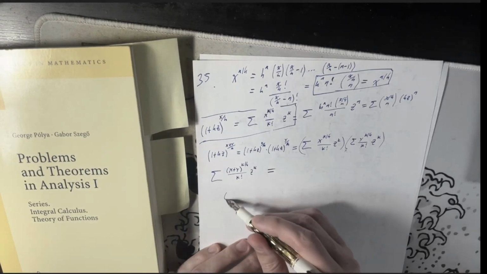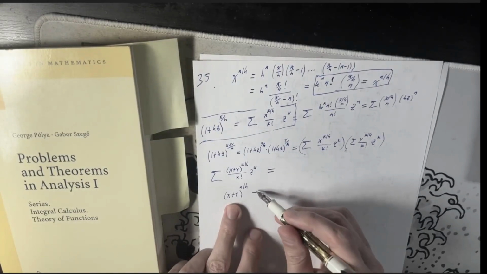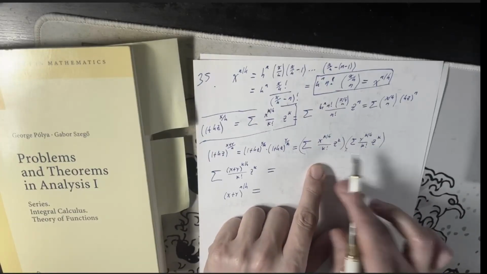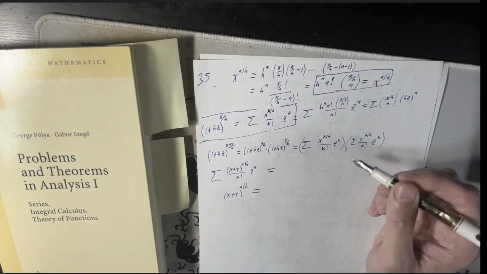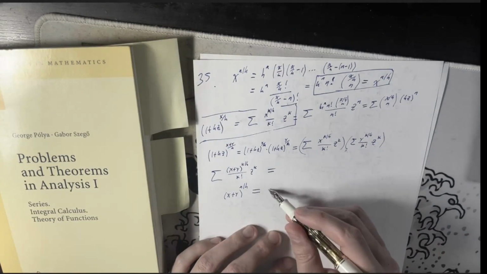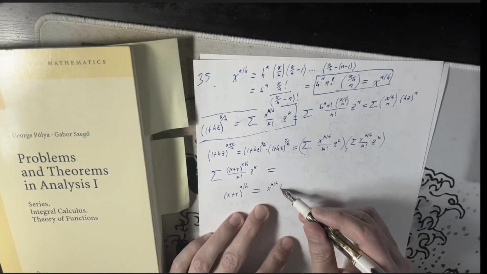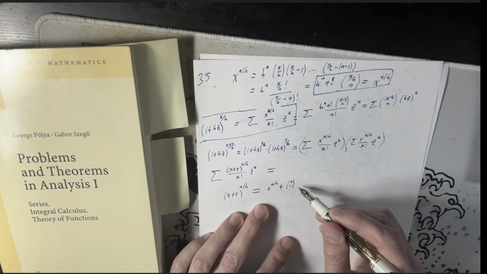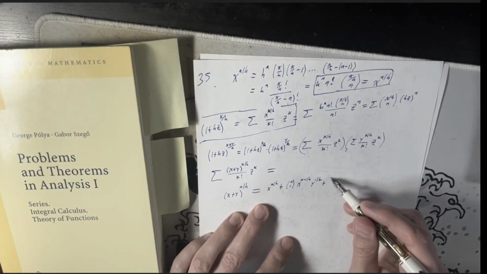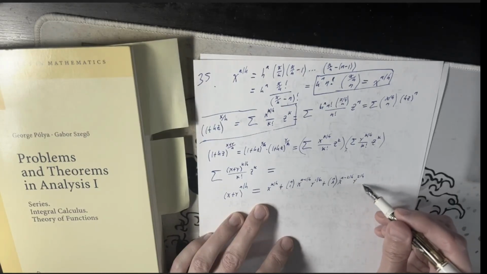So a formula for, say, the nth coefficient of that series on the left would be given by whatever formula you might have for the nth coefficient of a product of series like this, which in our case is x to the nh plus n choose 1, x to the n minus 1, h, y to the 1, h plus n choose 2, x to the n minus 2, h, y to the 2, h, yada yada.